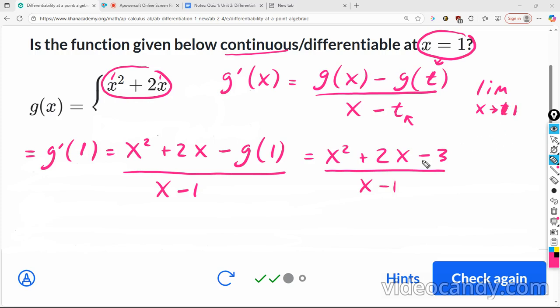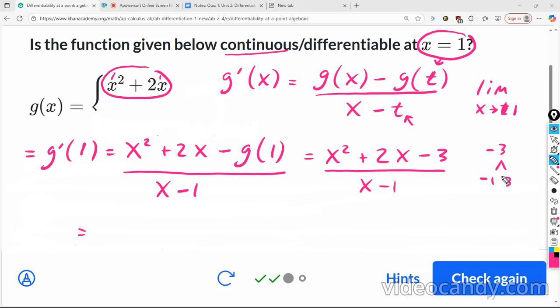Now if we use direct substitution at this point, it's just going to be 0 over 0. So we have to factor this. Two numbers that multiply to negative 3 and add to positive 2. That's going to be negative 1 times positive 3. 3 times negative 1 is negative 3. 3 plus negative 1 is positive 2.